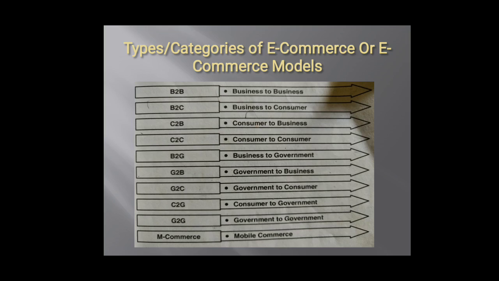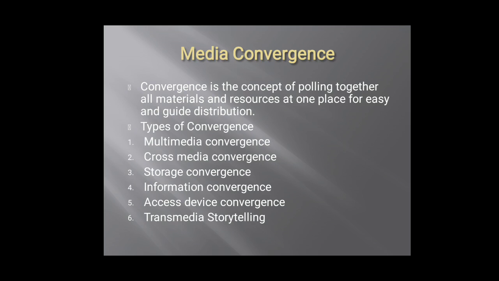The most fascinating thing about m-commerce is that it is faster, more secure, easier, scalable, and can be used anywhere, and some believe that m-commerce will surpass wireline e-commerce as the method of choice for digital commerce transactions. So ease, that is easy work, can be one benefit of m-commerce, which is the last type of category of the e-commerce model. The next is media convergence.